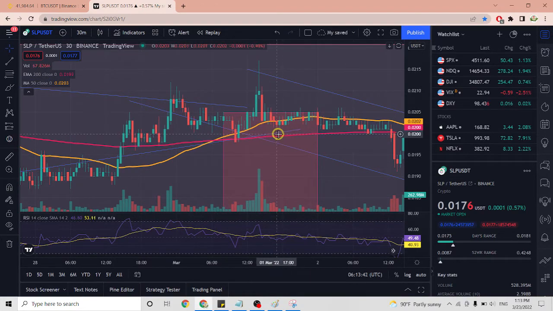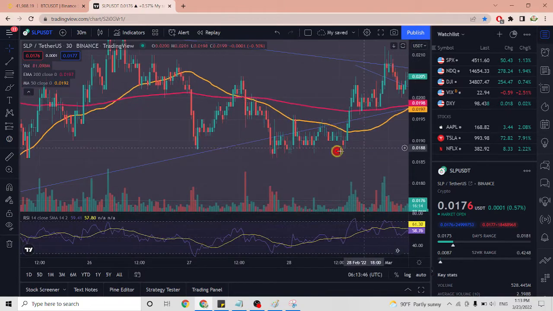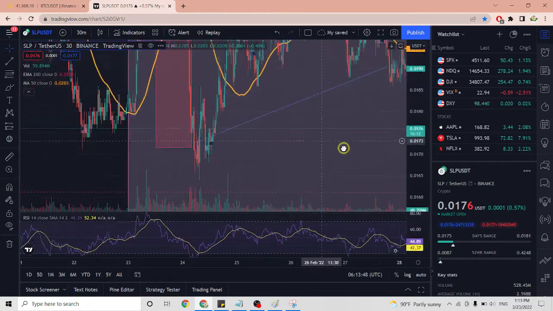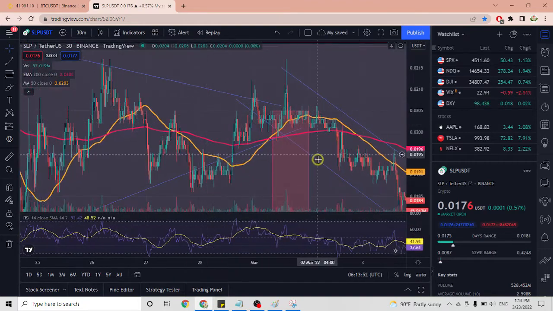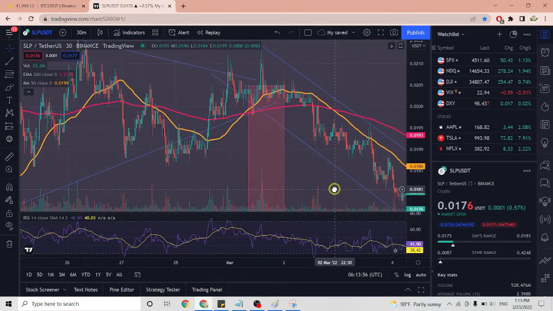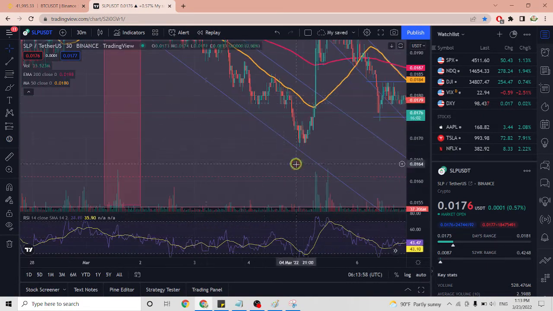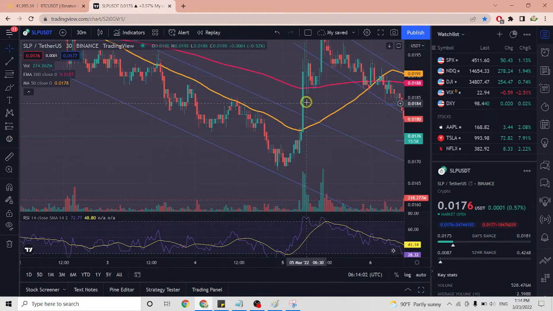Where is fake breakout? I don't see fake breakout now. It just breaks on the shadow. So this is a real breakout here, because we have body, we have head here.